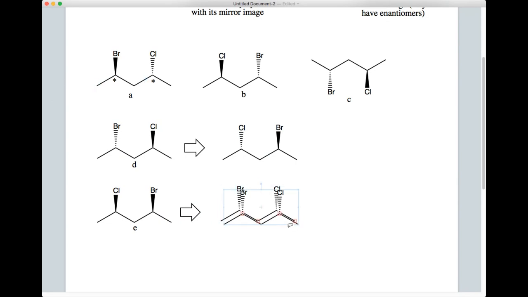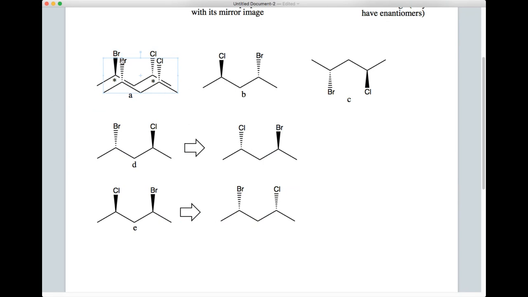Now, after I flipped, if I try to superpose, I can see now the carbon chain matches, the connection also matches. This carbon is bonded to bromine in both cases, and this one to chlorine. When I try to superpose, I can see that these two here match. So they have the same configuration on the carbon, same orientation here, but here they have opposite orientation.